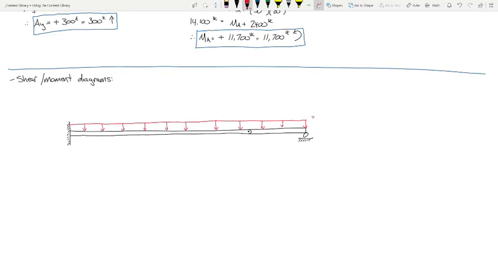That's 3 kips per foot. We have a load about right here, and that load was 90 kips.